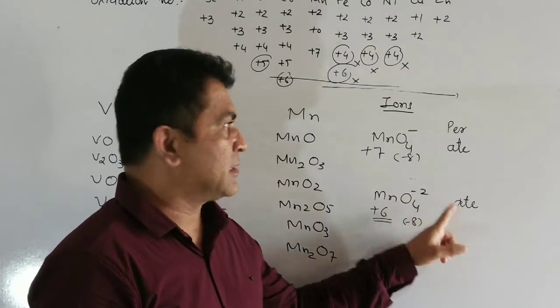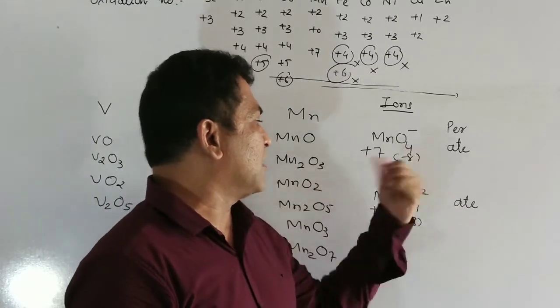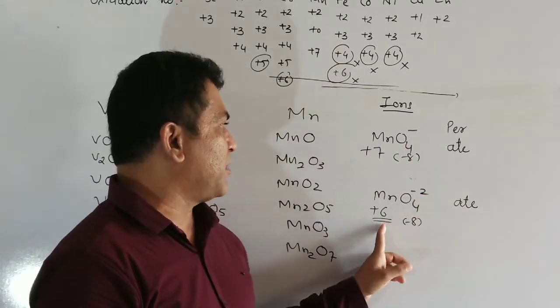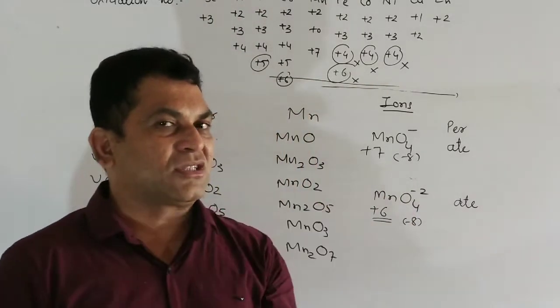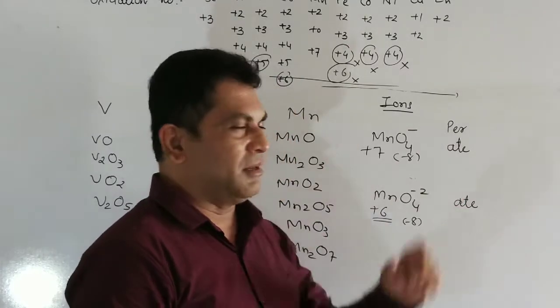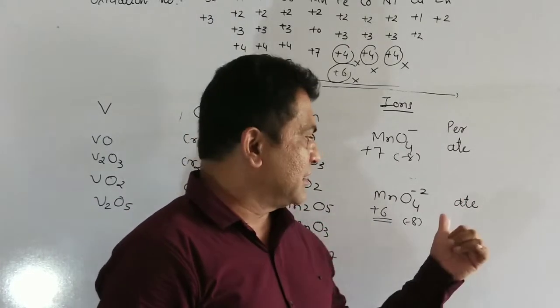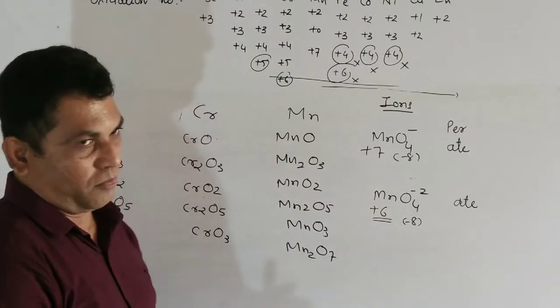Both are formed from manganese, but here there is one more oxygen and the oxidation state is +7 instead of +6, one more than the highest oxidation state, that's why it is known as permanganate. So this will be the permanganate and this will be the manganate of the ions of this group.